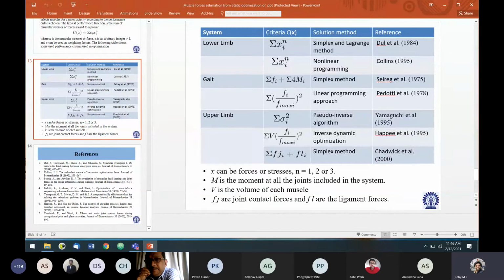No, I mean, the sole purpose of optimization is to find the muscle stresses. If it is possible experimentally, I'm not sure. Is it possible, sir? I don't think it is possible. How is it possible to measure the muscle stresses? I'm not sure about it 100%, but I will look into it.